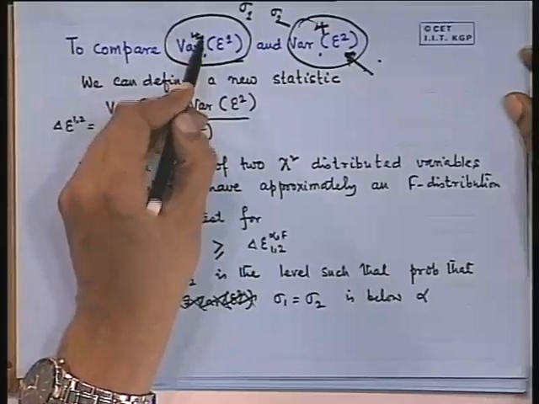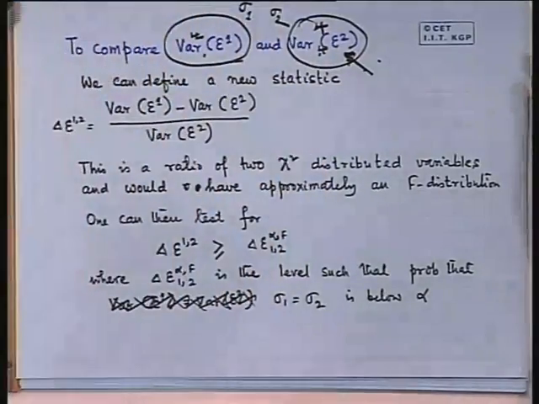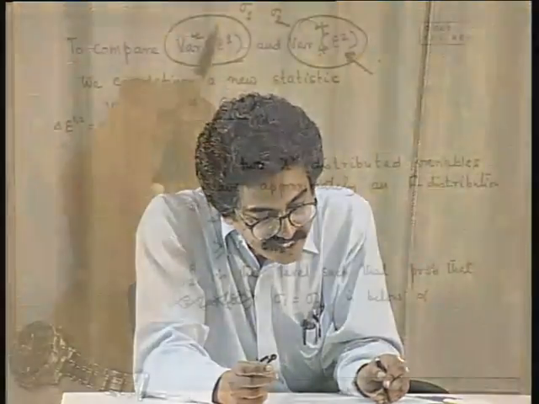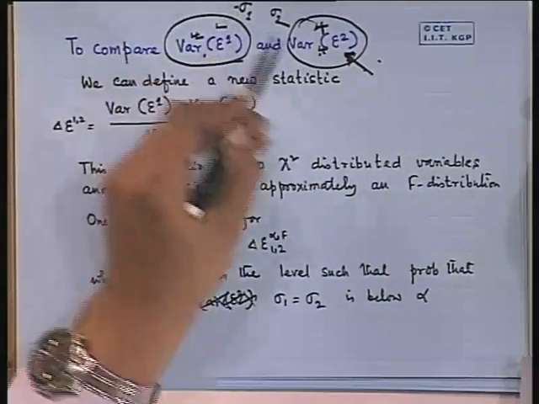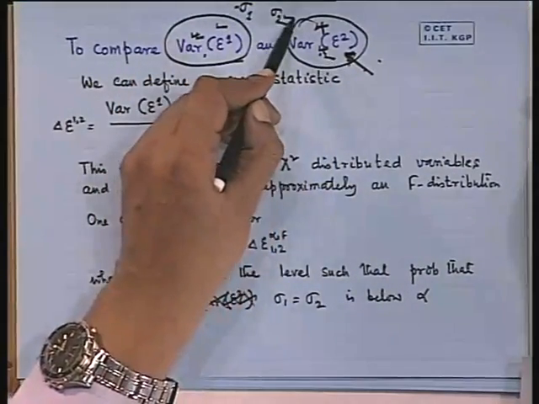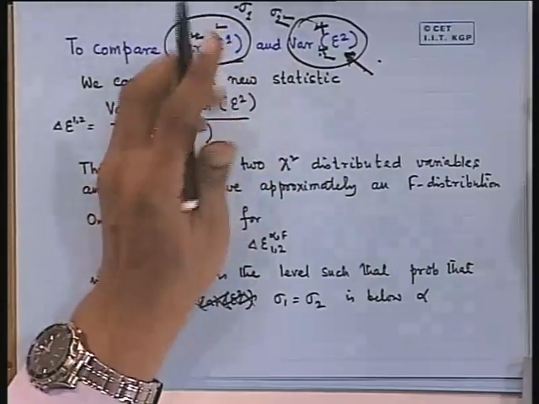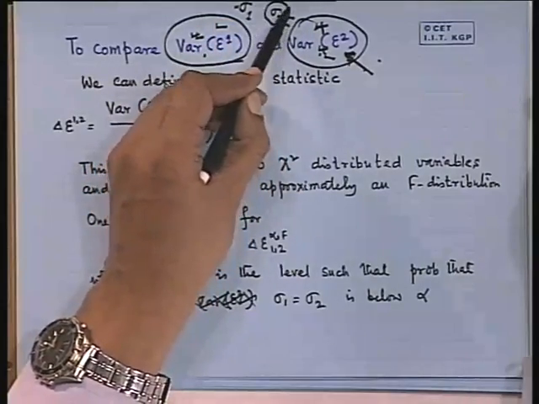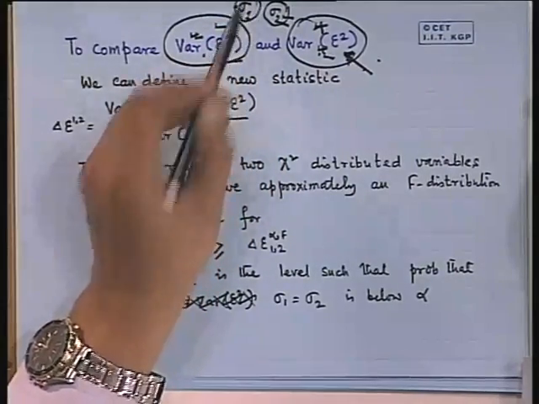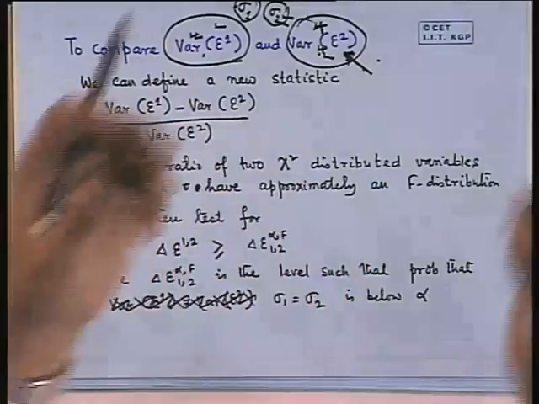When I have computed these two, I have just got a sample from this distribution and a sample from that distribution. So I am trying to find out, from these two samples, what is the probability that the actual variance of this distribution is greater than the variance of that distribution.